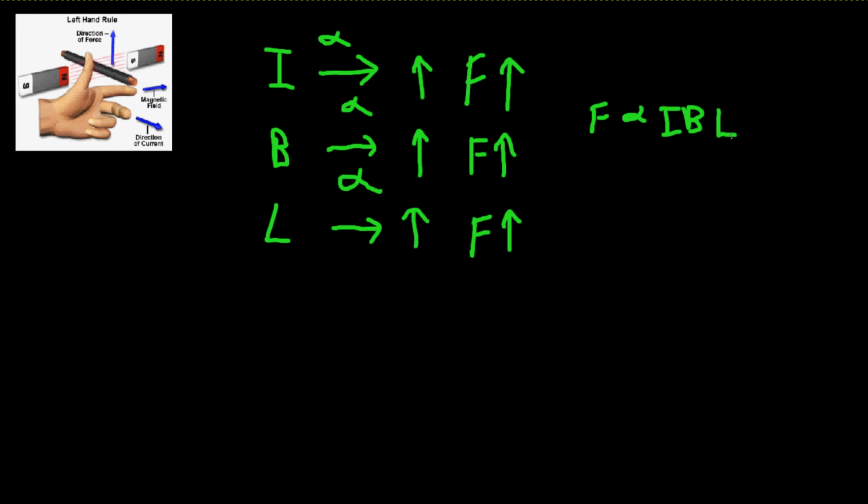And as you know, sorry, this should be a small l over here, even here. Okay, so as you know, if you have a proportionality sign, you can introduce a constant and make it an equality sign. So we can write the constant as K, so K times IBL. And if you take the right SI units and everything, you can actually write this as F equal to IBL.